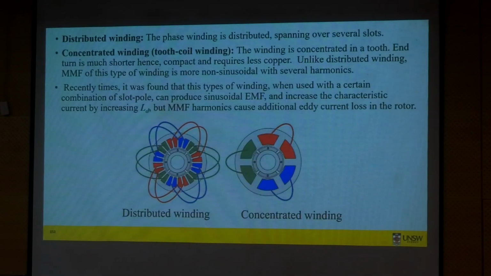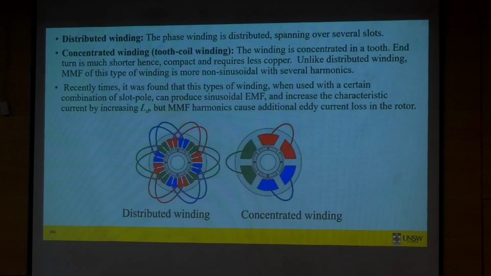However, your MMF is never going to be sinusoidal. You will have higher order harmonics in your MMF for concentrated winding. But for concentrated winding, if we have a particular slot per phase per pole, SPP, we could actually have sinusoidal EMF.